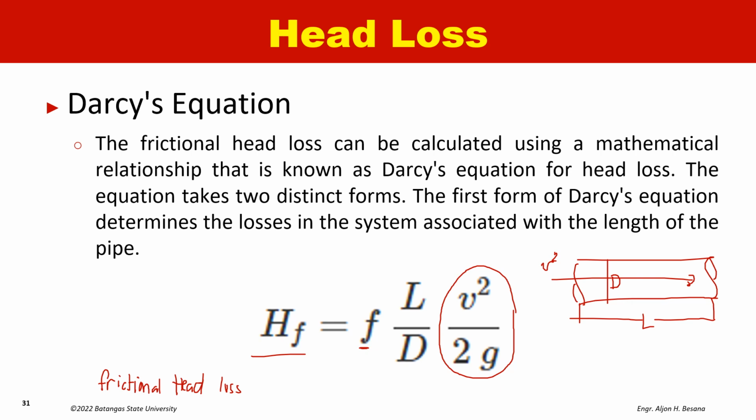So that's our HF, or frictional head loss. Simply, HF is equal to friction factor multiplied by length divided by the diameter, multiplied by our velocity head.